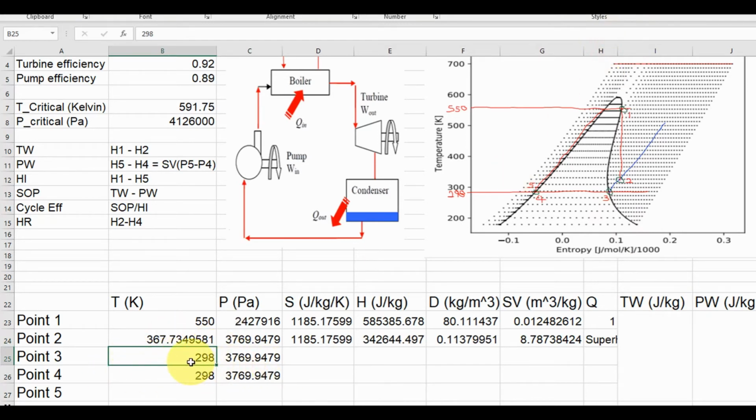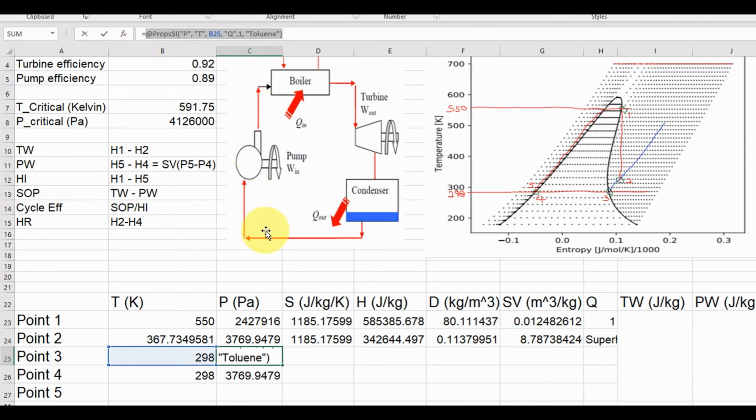Point 3, we now know T3, we now know P3. We can find that entropy. Again, we know that at this point the quality of the fluid is 1. So we can use that same property to find entropy at point 3.